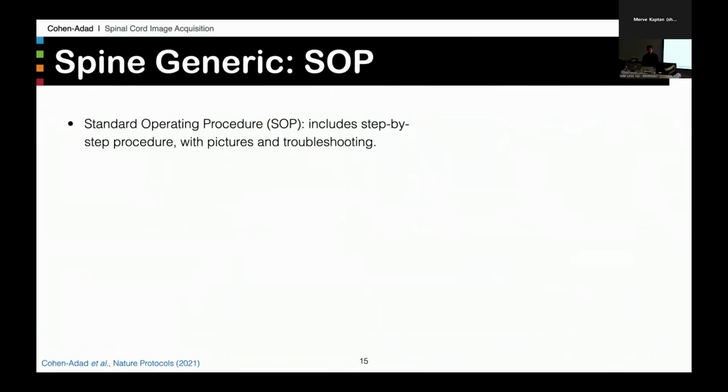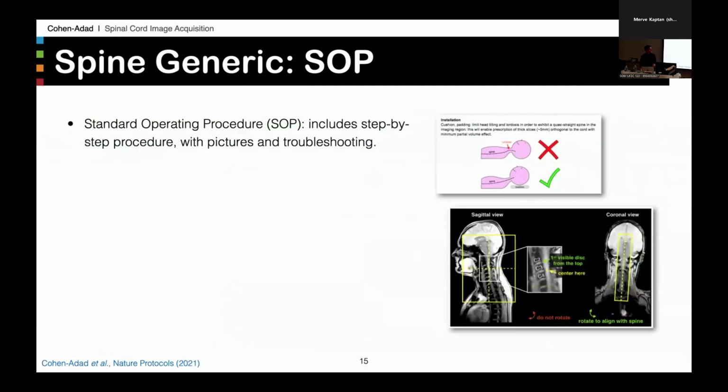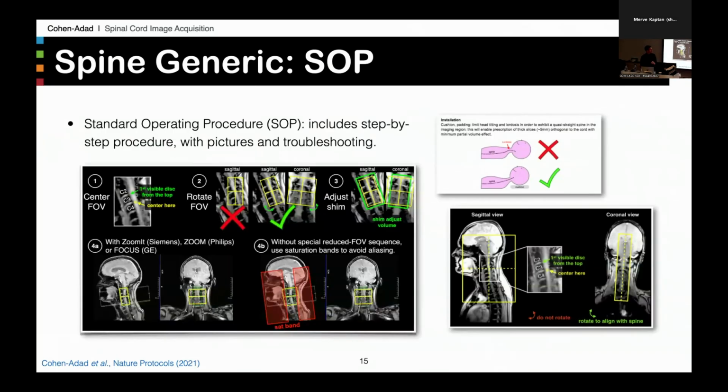Very importantly, this protocol comes with a standard operating procedure, similar to what Ken was alluding to during his talk, about how to position patients, how to minimize lordosis, simple things like the type of cushion you're using. If the cushion is 1 centimeter too large, then there will be more lordosis or less, and that's going to affect the quality of your image. It comes with a bunch of screenshots to show how to position the FOVs.